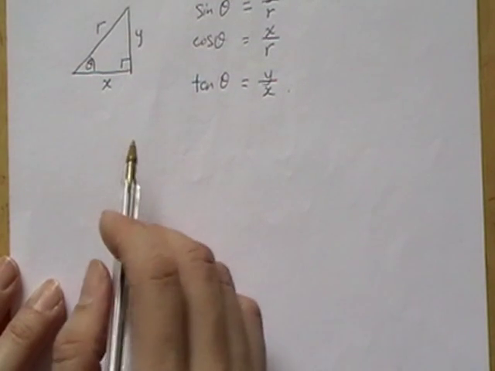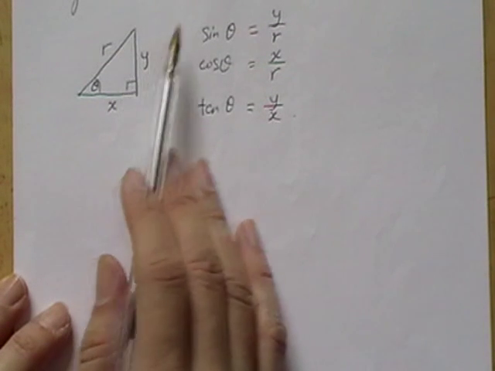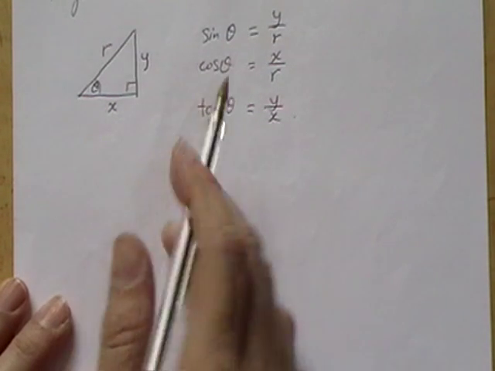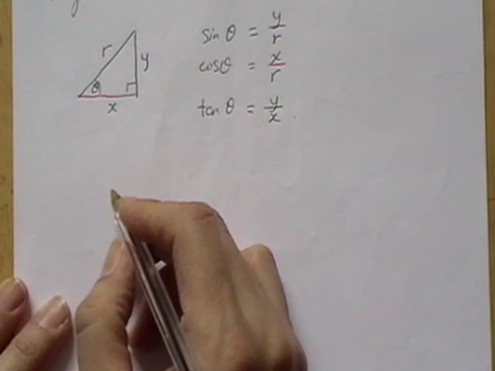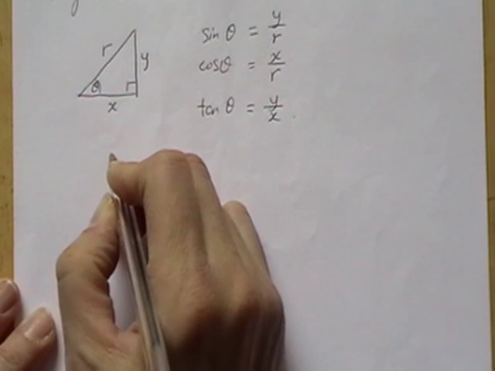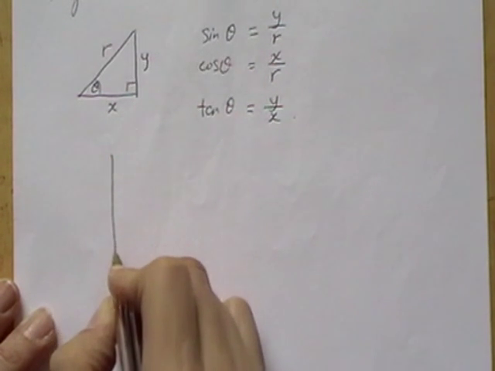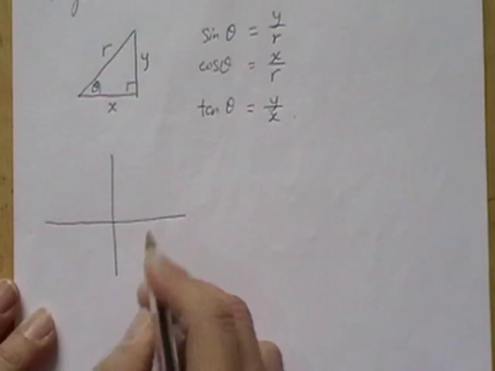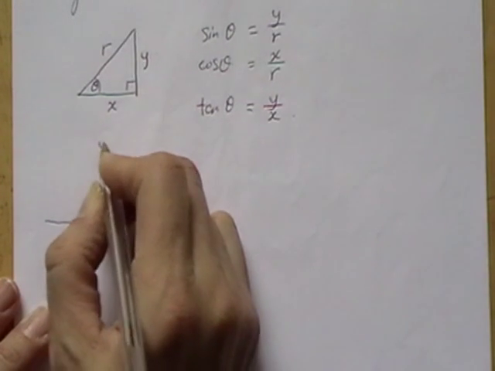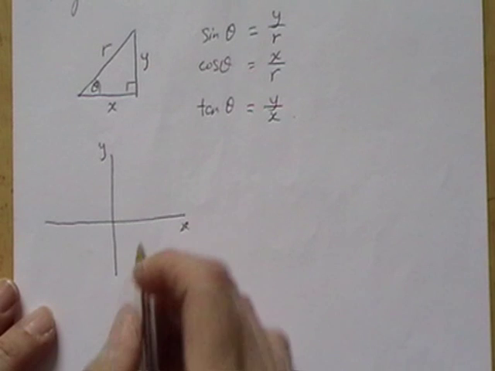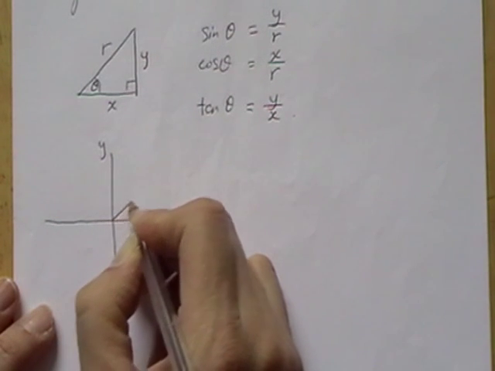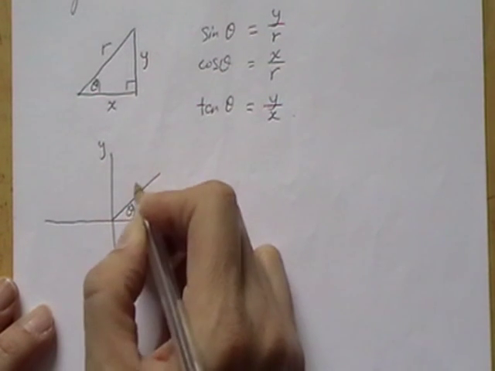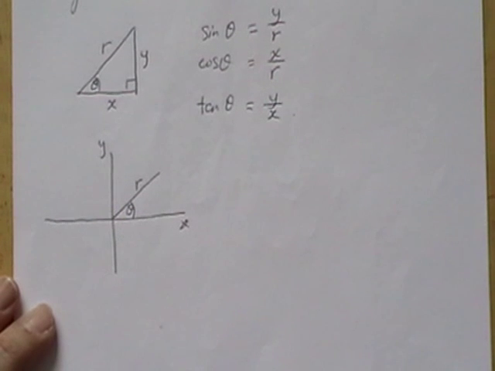The way to do it is, instead of defining these ratios using a triangle, we define it using the xy plane. So that's x-axis, y-axis, and we're going to define the angle theta as the angle between this line r and the x-axis.